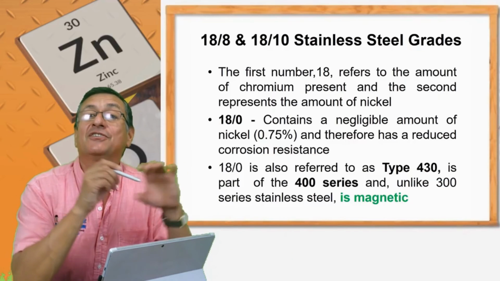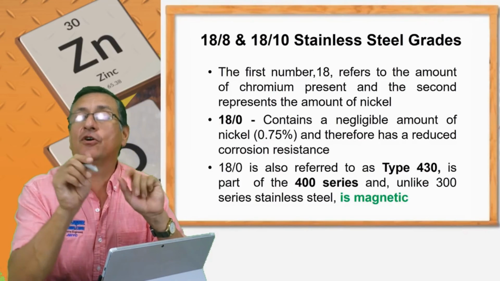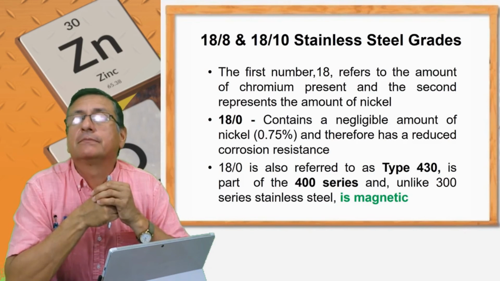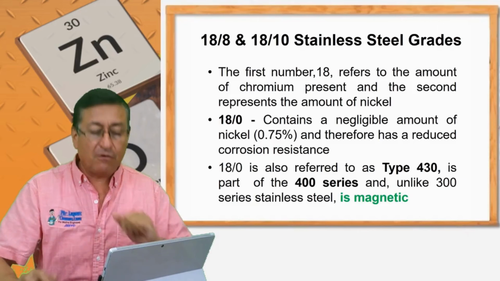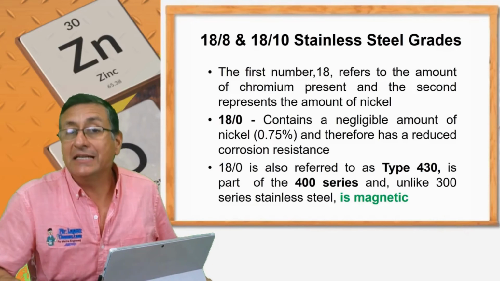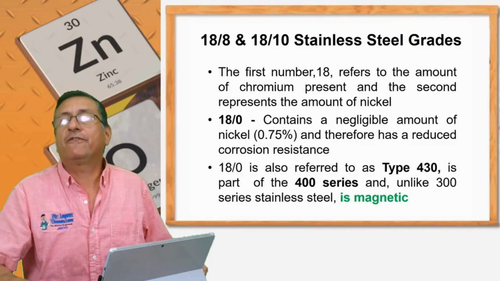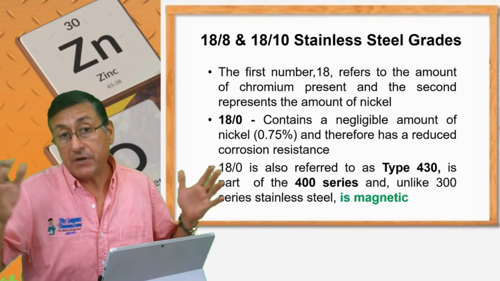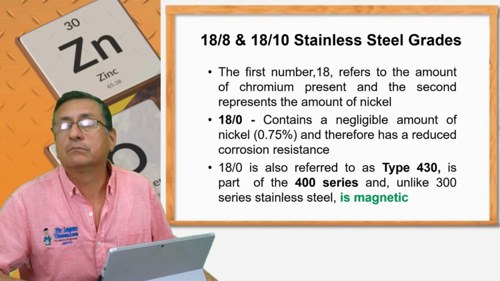In the fabrication of the plungers for solenoids in marine applications, you need magnetic properties. Okay, that's important. Don't forget that. The first number, 18, is the amount of chromium, and the second one is the percentage of nickel.